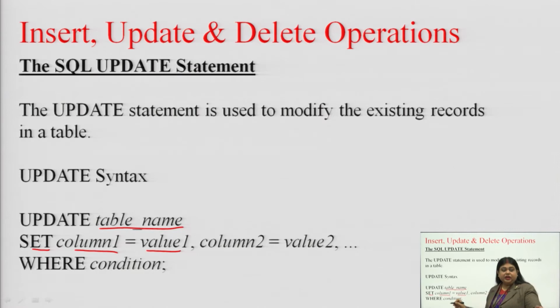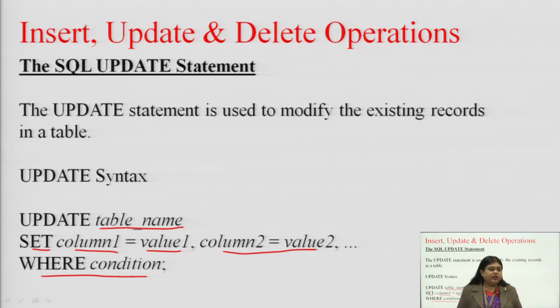We can have multiple options also, we can change multiple things like column 2 to value 2 and where the condition, right. So, if there is a query, like update the salary of a particular employee whose employee ID is like 006 and update his salary to let us say 80,000 and change his address to a new address.